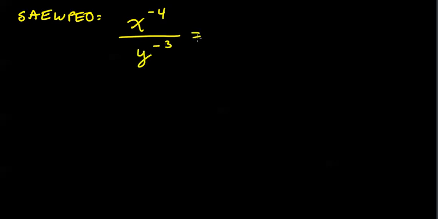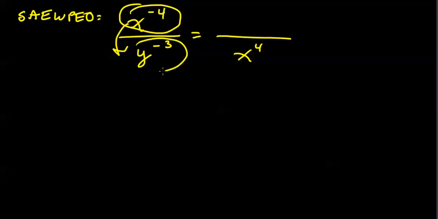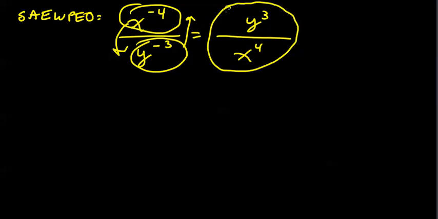Now notice these bases are not the same, so we can't apply our part 1 rules here, but I can notice that this numerator expression can come downstairs as x to the 4th power, and similarly this negative exponent factor in the denominator can come upstairs as y cubed. So really a one-stepper if you remember the rules properly, right? Y cubed over x to the 4th.